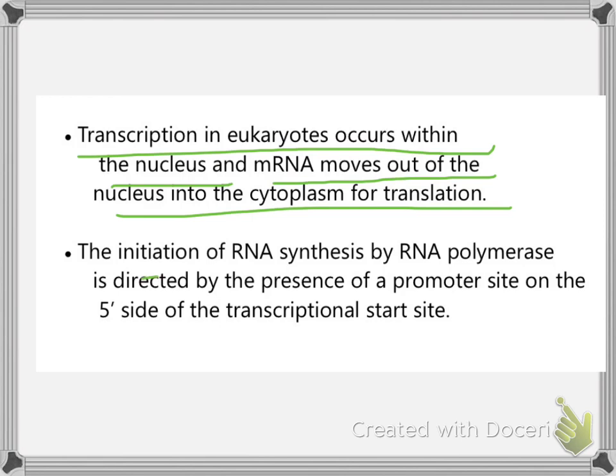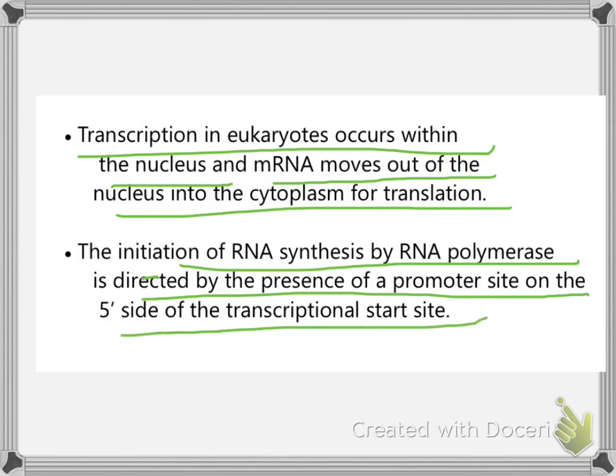Then the initiation of RNA synthesis by RNA polymerase is directed by the presence of a promoter site on the 5' side of the transcriptional start site. That is, if this is the DNA strand to be transcribed, this is the 5' end, this is the 3' end.